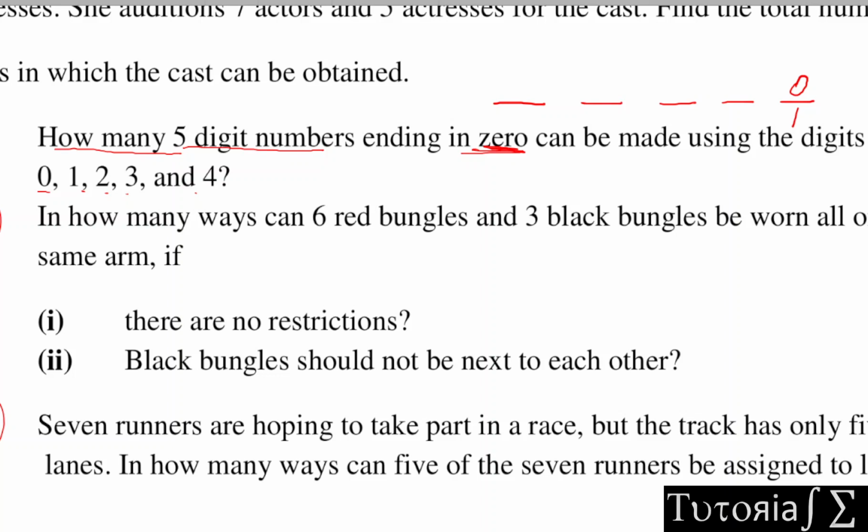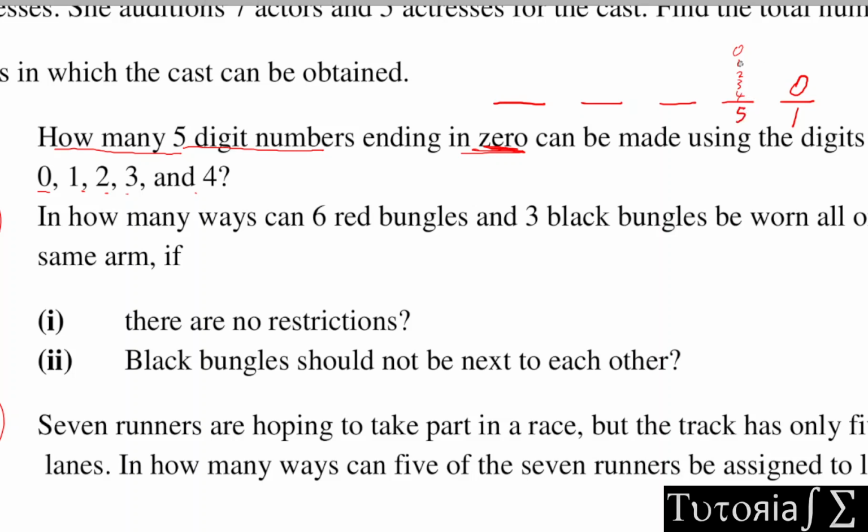So for this slot we can either have a 0, a 1, a 2, a 3, or a 4, because we can repeat the 0 here. And for this slot, we can have 5 possible numbers there.